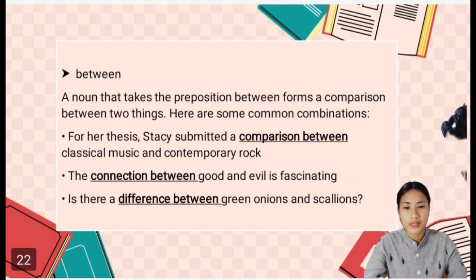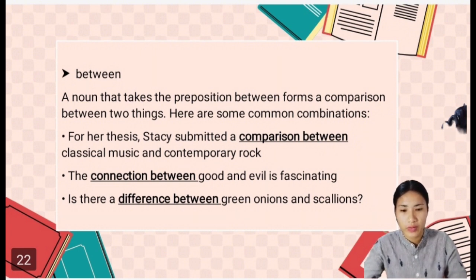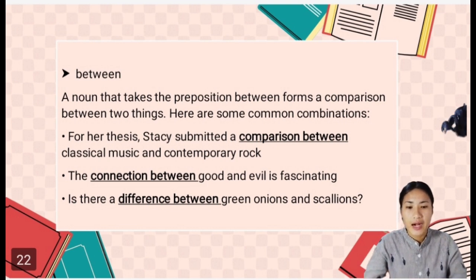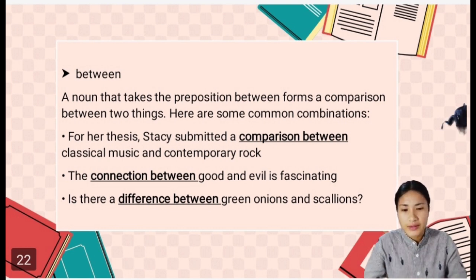And the last one is the preposition between with nouns. Let's look at the explanation. A noun that takes the preposition between forms a comparison between two things. Here are some common combinations. Here is the example: for her thesis, Stasi submitted a comparison between classical music and contemporary rock.